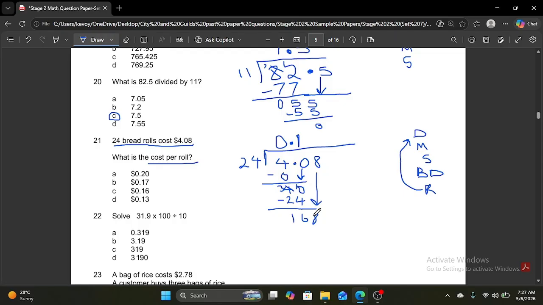So we have 168. How many times can 24 go into 168? That's equal to 7. After you divide, remember, multiply. 7 times 24 is 168.